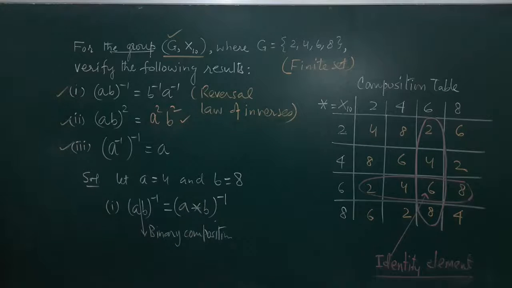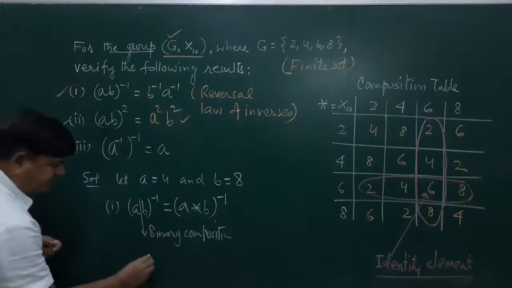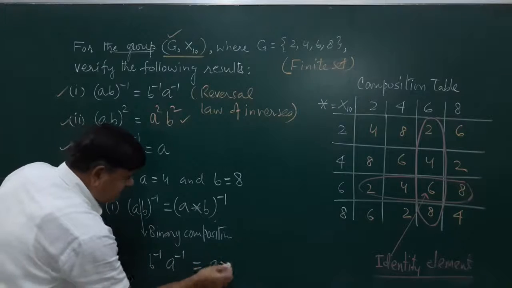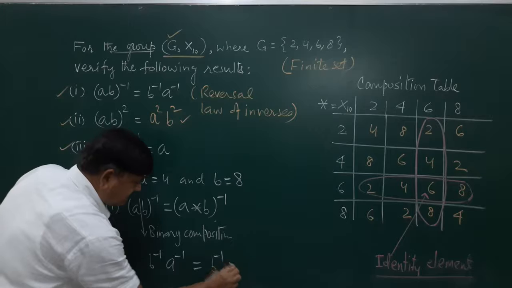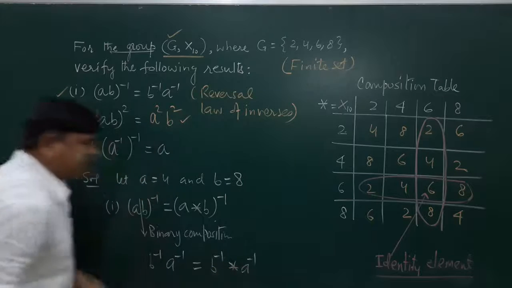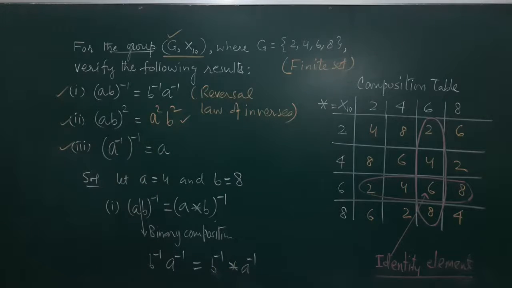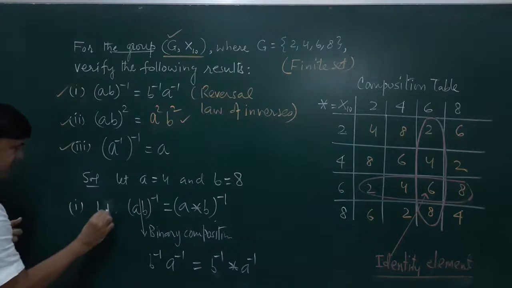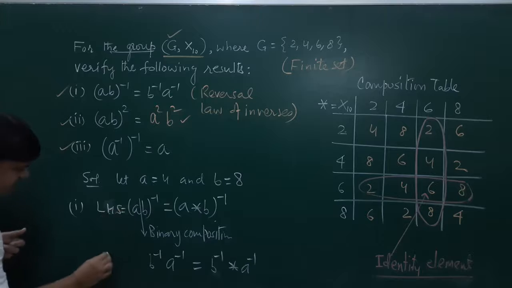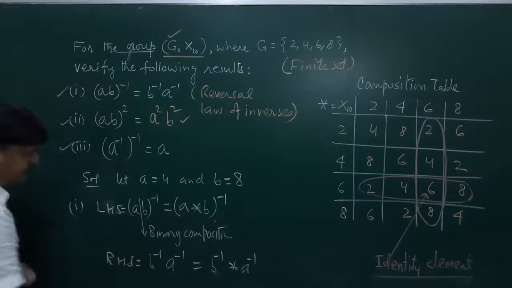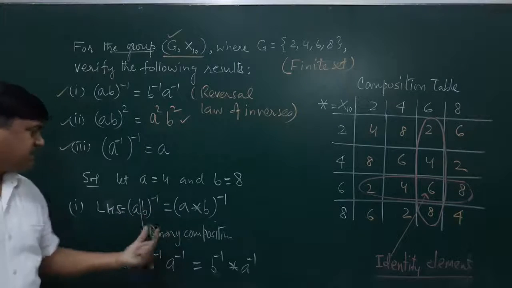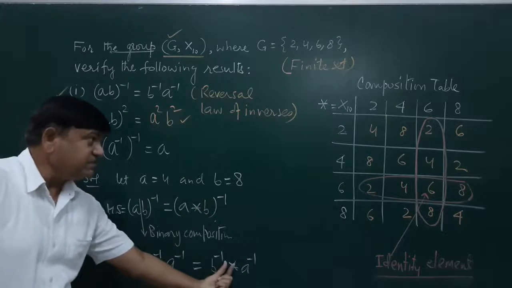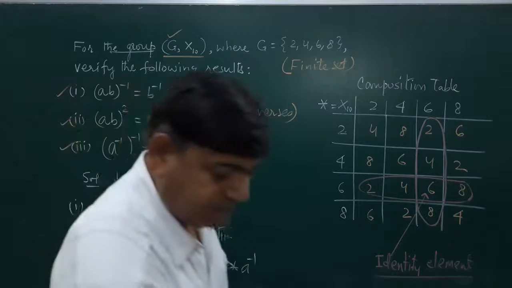Right hand side it is B inverse, A inverse. So this is the left hand side, first part, and this is the right hand side. So (AB) inverse means (A star B) inverse, and here it is B inverse A inverse. So we calculate it.